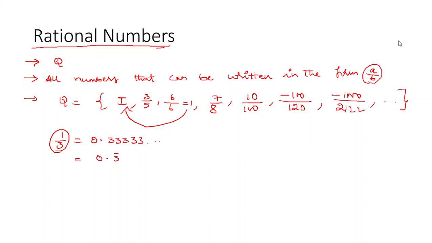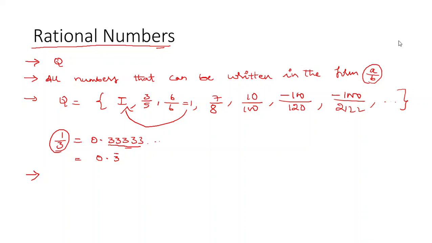So we can say that the digit 3 is a recurring decimal, so 1 by 3 is a recurring decimal. The number after the decimal is always 3.